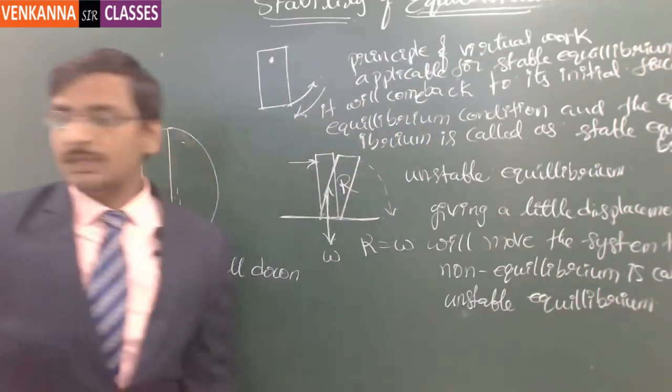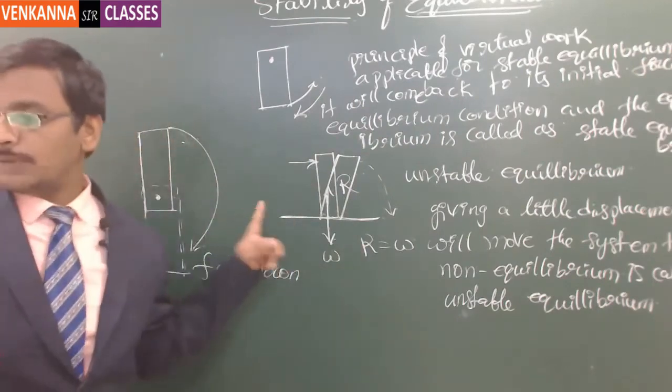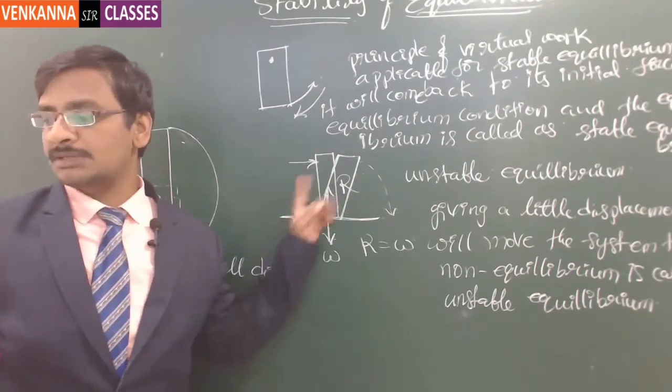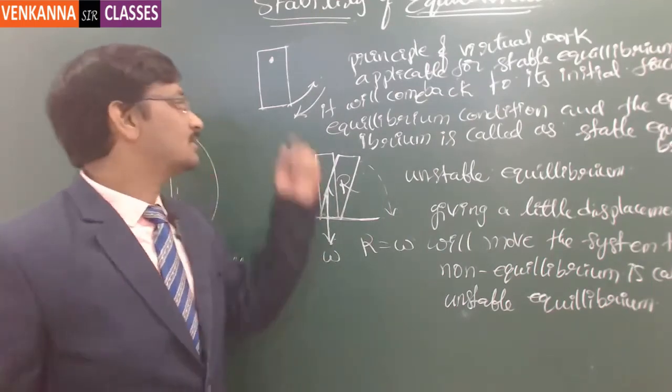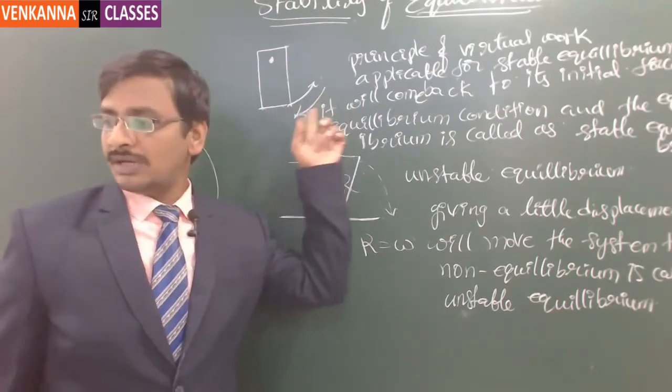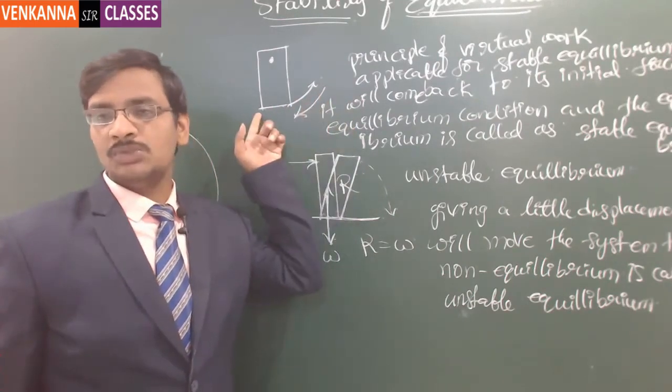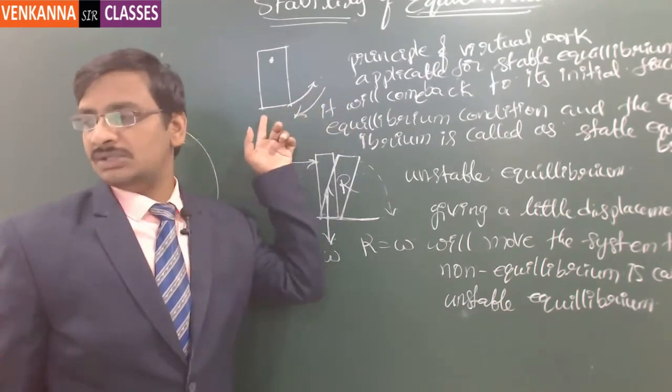The principle of virtual work will not be applicable under unstable equilibrium. The principle says that if you give a little displacement, you have done some work, and the body will come back to its original position. That means it is releasing the energy that it acquired.